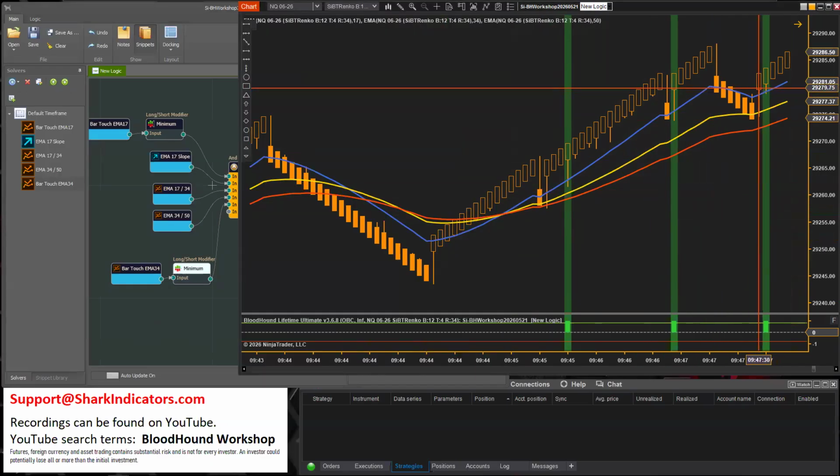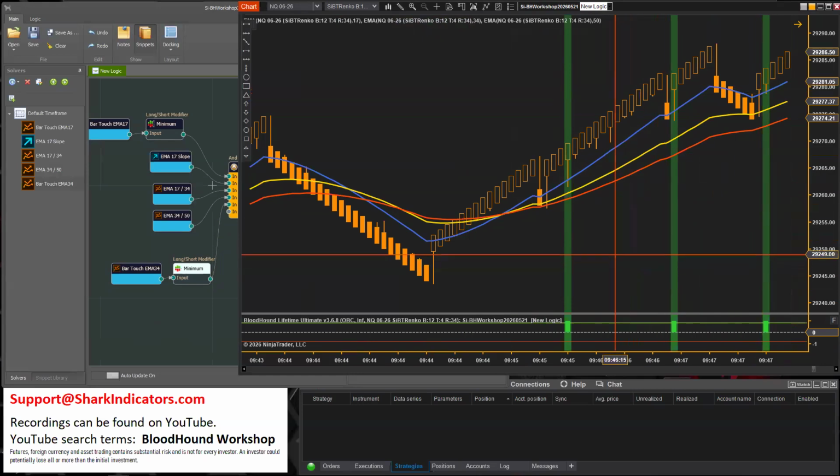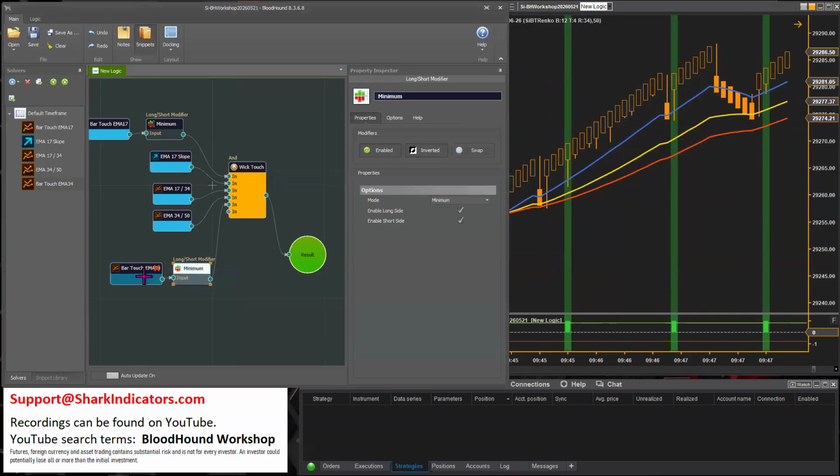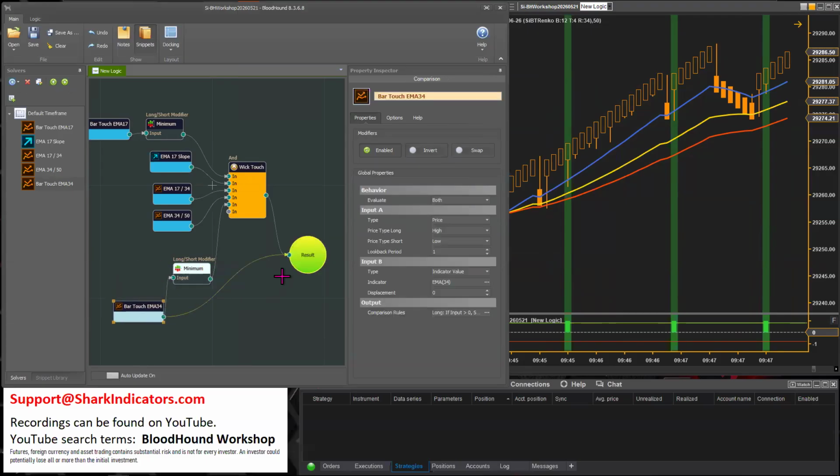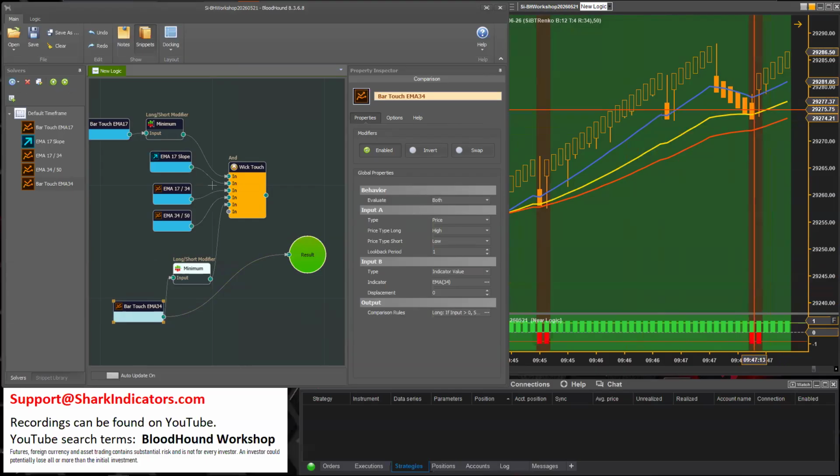So that signal got removed, but then that one, which had the little wick touch, stayed in place there, right? So the key is you build a solver that identifies the condition that invalidates the situation, and then sometimes you might actually just invert the solver itself.